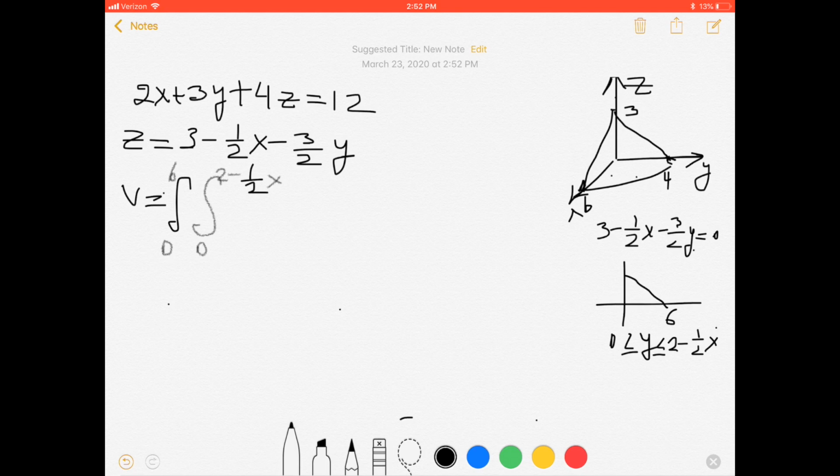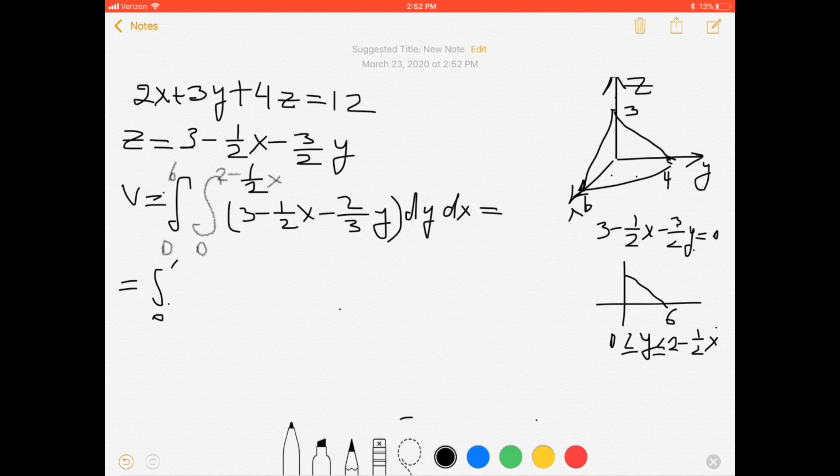One half x, and here we write our function: 3 minus 1/2 x minus 3/2 y, dy dx. Integrate, we have the integral from 0 to 6.